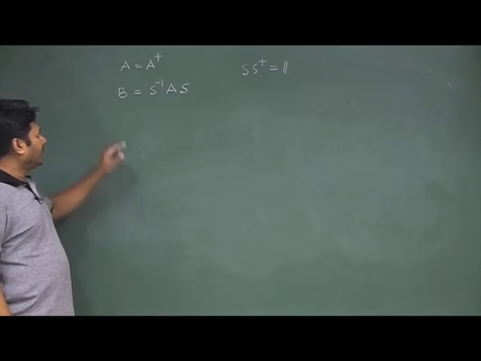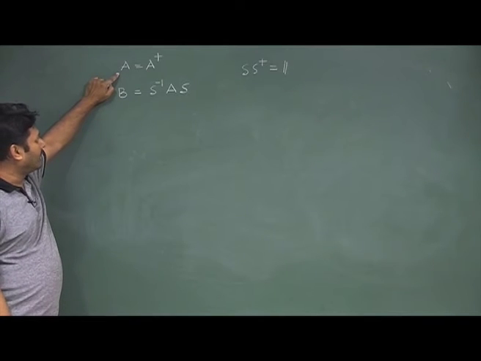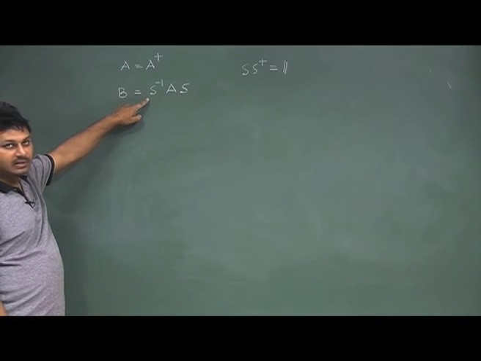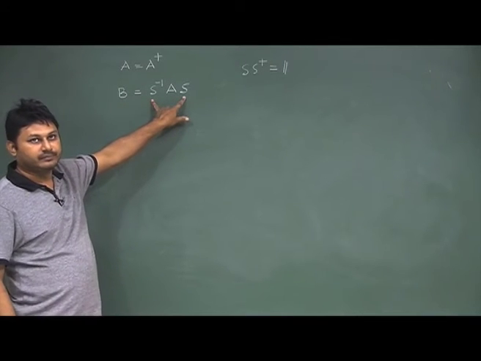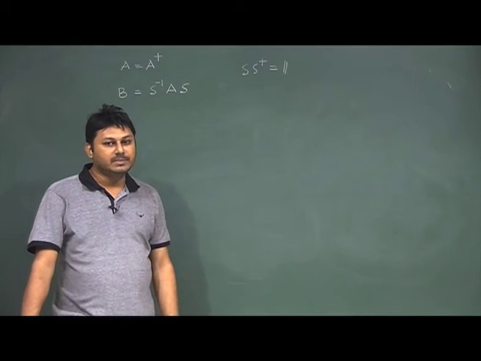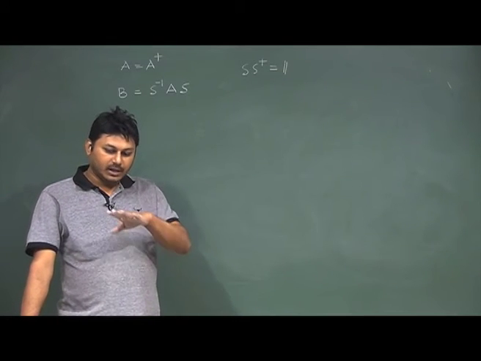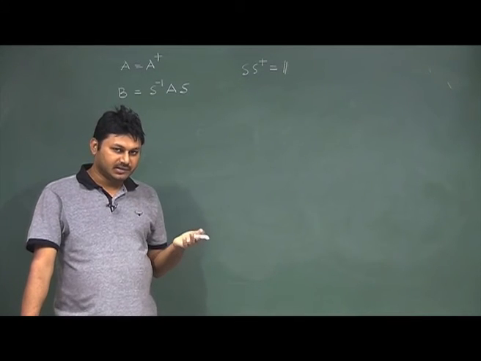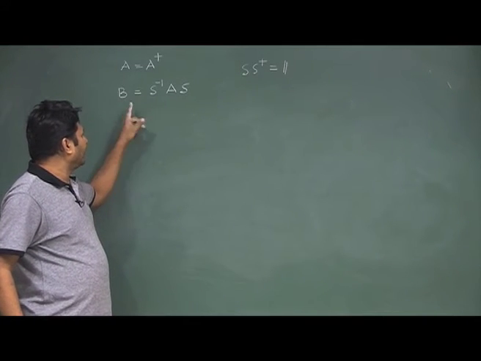So, what I am trying to find out is, I have a matrix which is Hermitian. Now, I want to transform this Hermitian matrix into another coordinate system or another basis by making a unitary transformation. If you remember, the unitary transformation is required when I transform from a set of orthogonal basis to another basis which is still orthogonal. If this is the case, then try to find out the value.